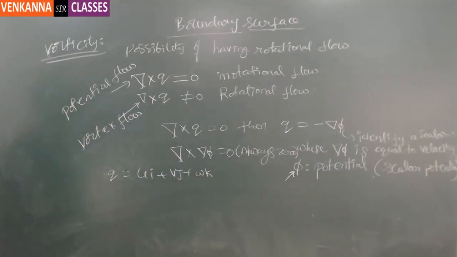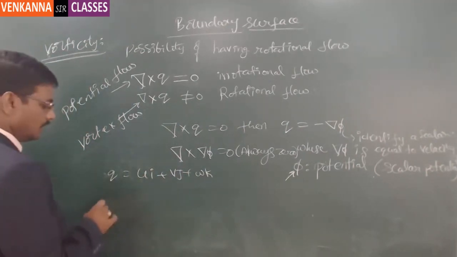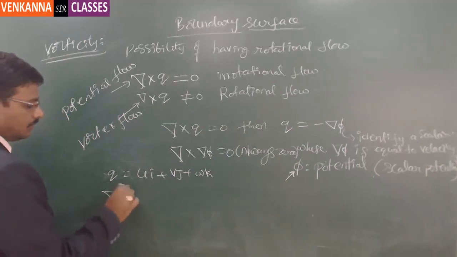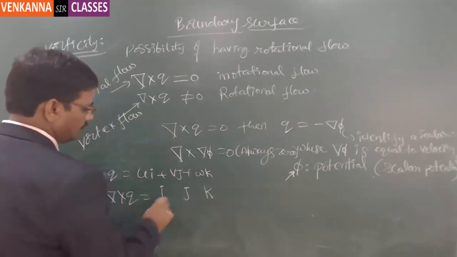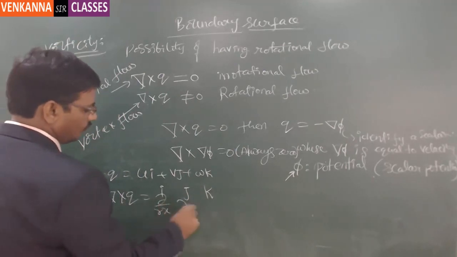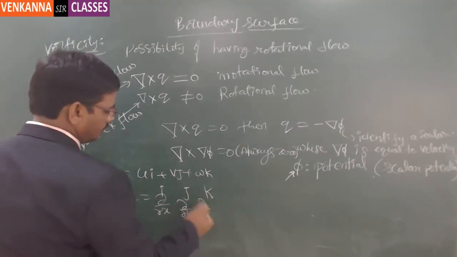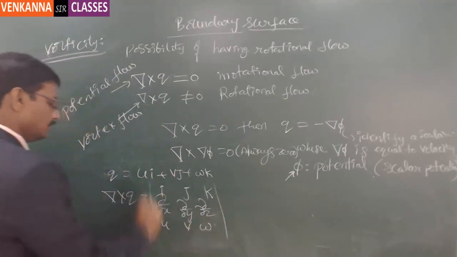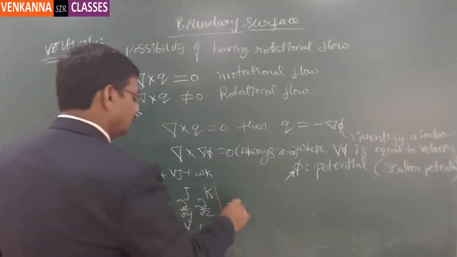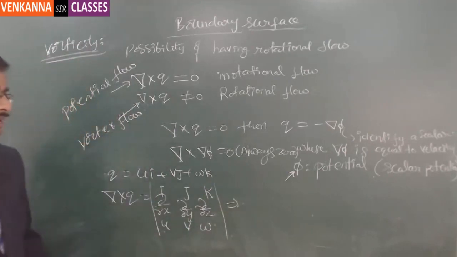This is the q vector. If you want to identify del cross q, it will be the determinant with rows i, j, k; dou by dou x, dou by dou y, dou by dou z; and u, v, w. This determinant gives the curl component del cross q.